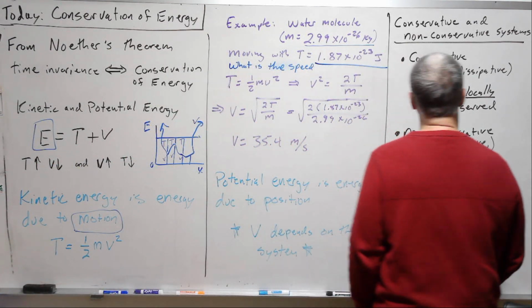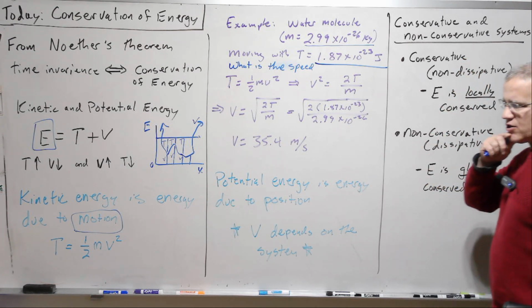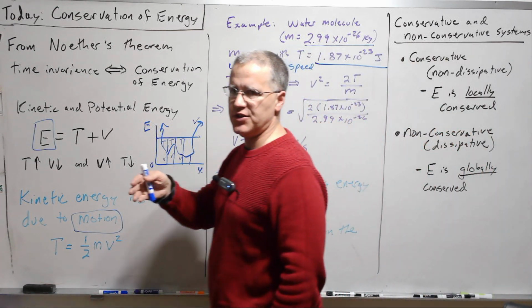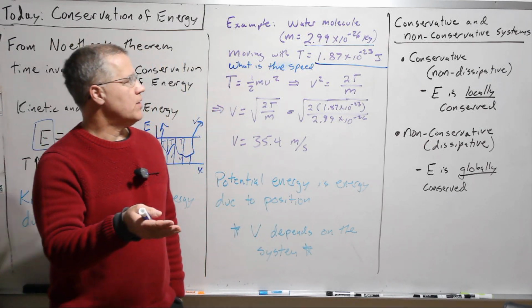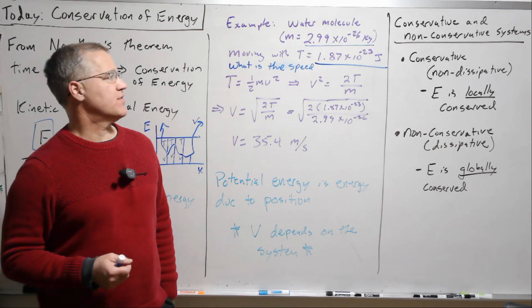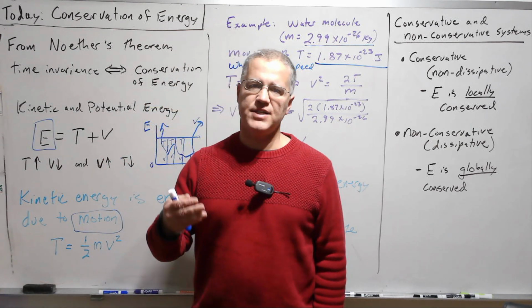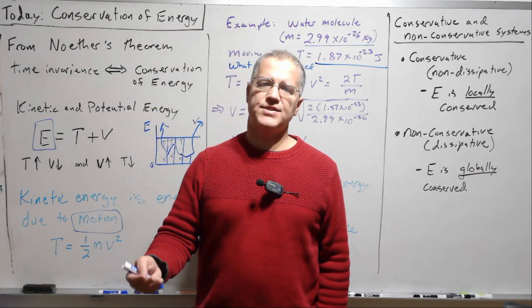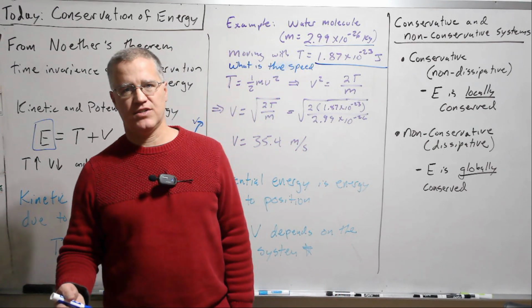All right. Let's just finish here quickly with categorizing the types of systems that we'll run into. We can put them into two broad categories, one being conservative systems and one being non-conservative systems. A conservative system is also called a non-dissipative system, while a non-conservative system is called a dissipative system.